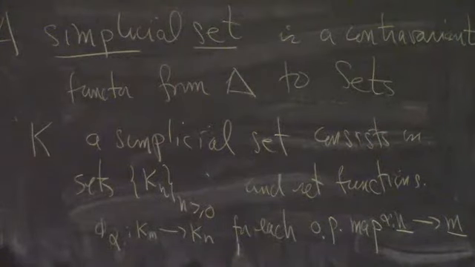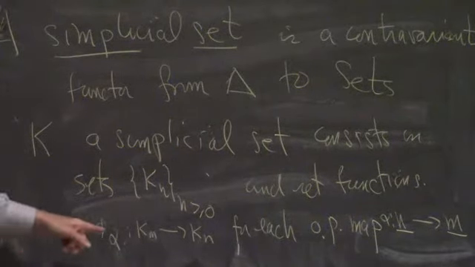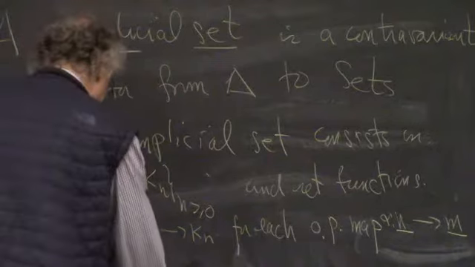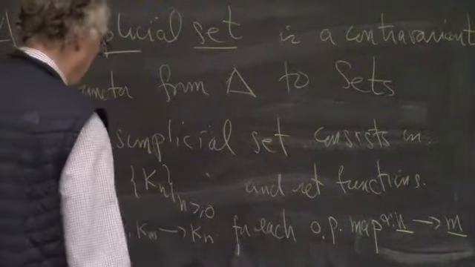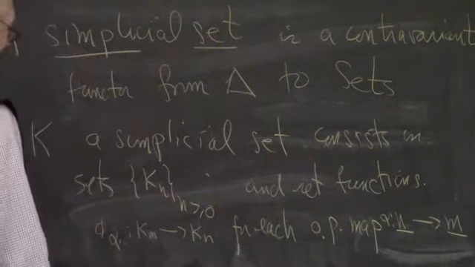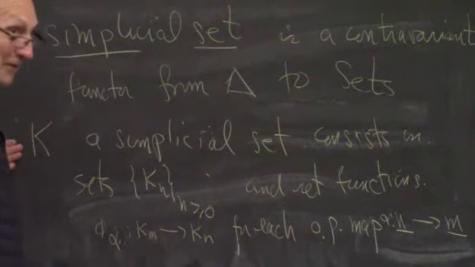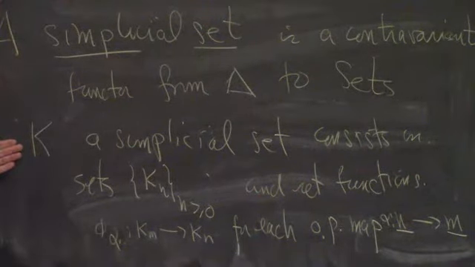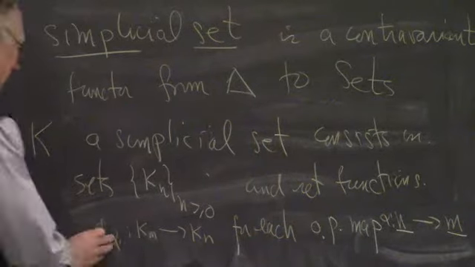Shouldn't that be K of alpha? No, the sets... What's the name of the functor? I haven't given it a name. K is the name of it. Right, so then K sub n is a set and K sub alpha is a morphism. Okay.